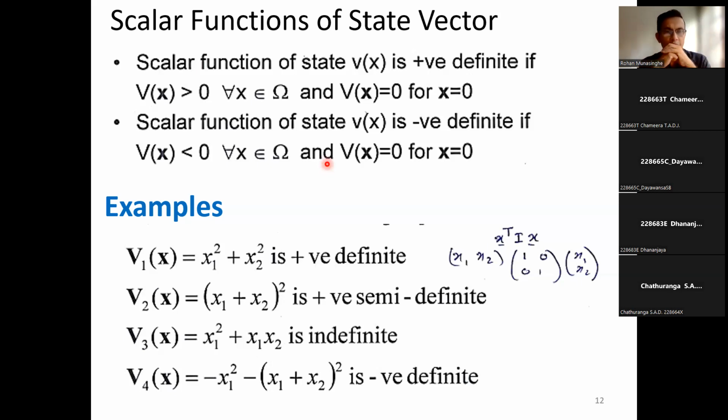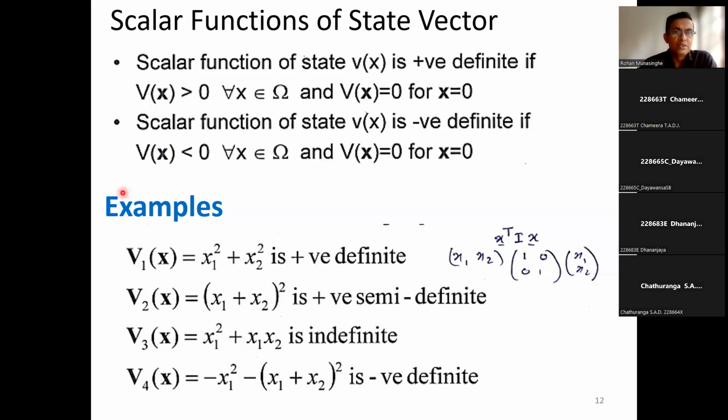Our system is stable. But this energy landscape may not be a paraboloid all the time. It can be something else. Therefore, this stability is not guaranteed. It is stable in the large if it has only one equilibrium point, in that case, this energy function is a paraboloid.